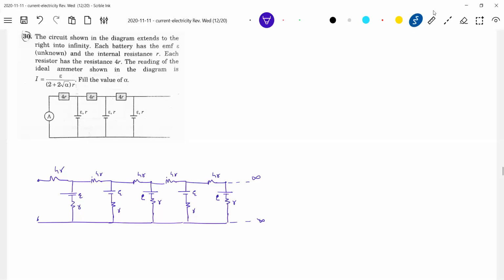Now, what we have to do is replace this part of the circuit. Just make an observation. Everything here, I'm going to replace with an equivalent cell.